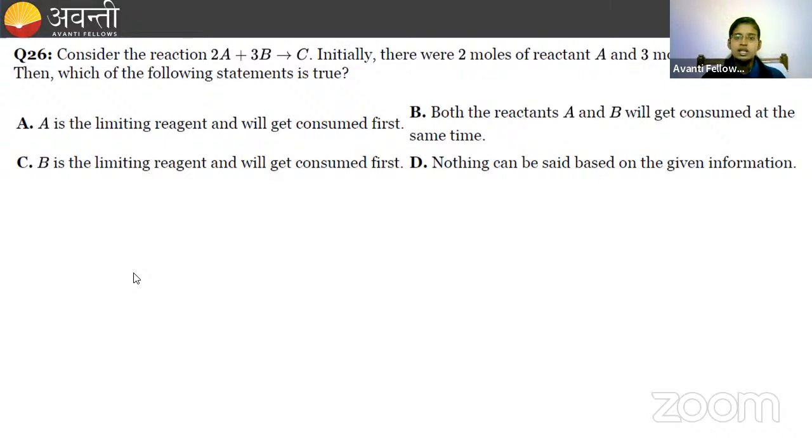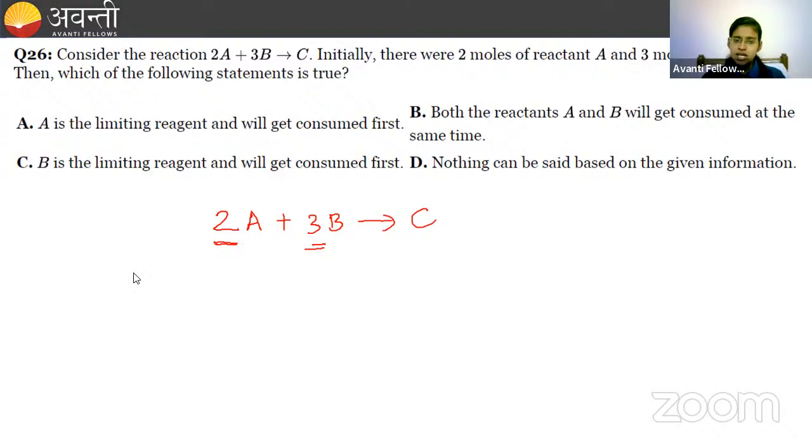So the given reaction is 2A plus 3B giving C, right? And initially we have 2 moles of reactant A and 3 moles of reactant B, and we have to find out the correct option, right?